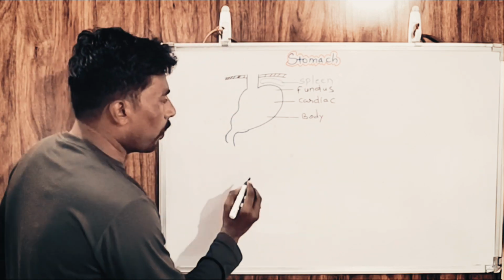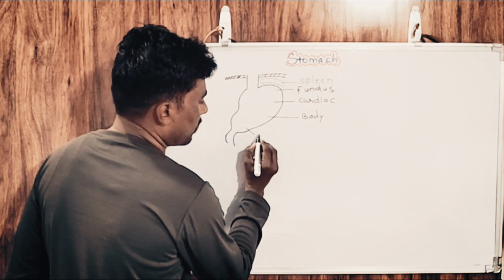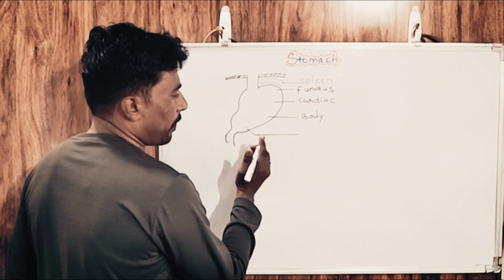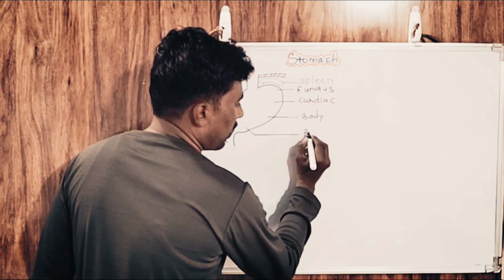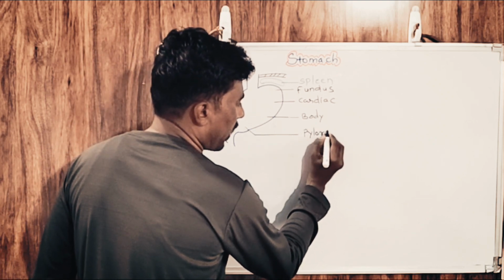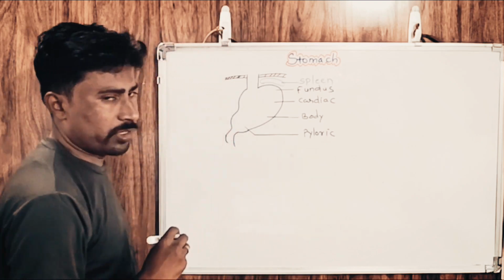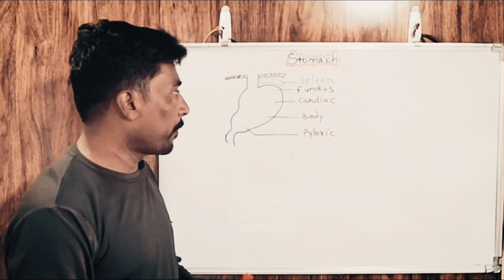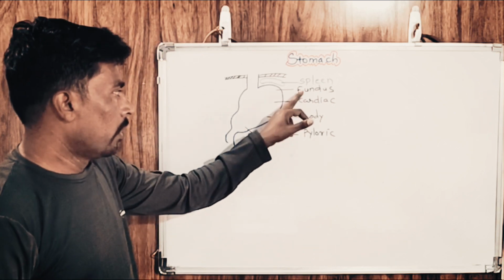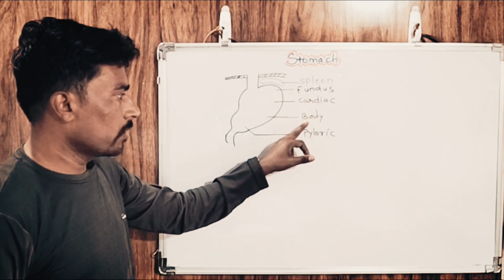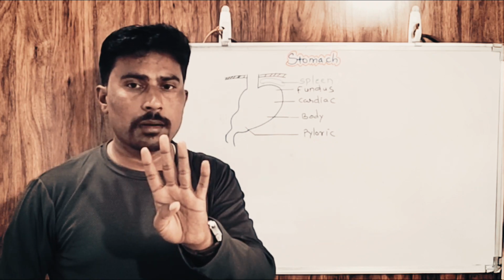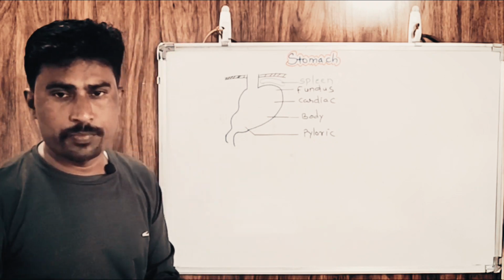And the fourth part is the last portion, the posterior part of the stomach. It is known as the pyloric. Are you clear with this? All the four parts then. ಅರ್ಥ ಆಯ್ತ್ರಿ? ನೆನಪಿಟ್ಕೊಳ್ಳಬೇಕು ಇವುಗಳೆಲ್ಲ. Fundus, cardiac, body and pyloric. These are the four parts of the stomach.